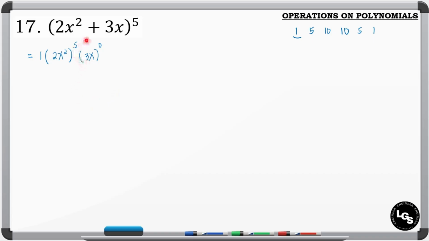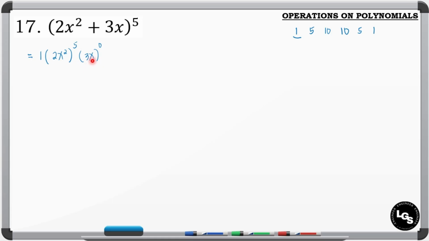Because remember, if we're dealing with binomials, if you total the exponents of the two terms, it should be equal to the degree of that binomial, or the expansion we need for the binomial. In this case, we have 5. So 5 plus 0, that is 5.